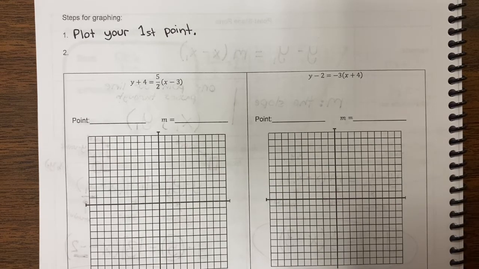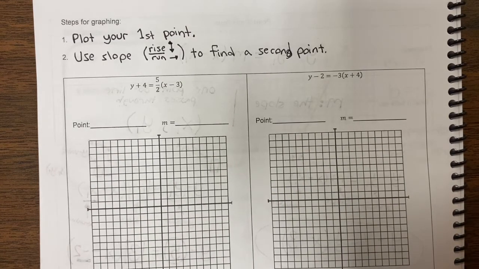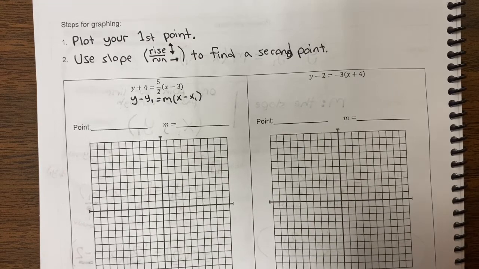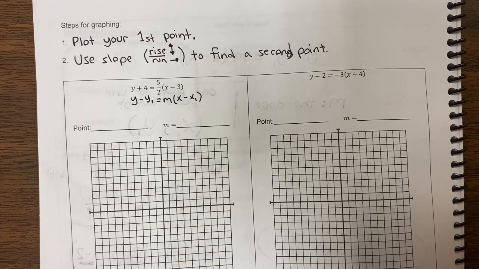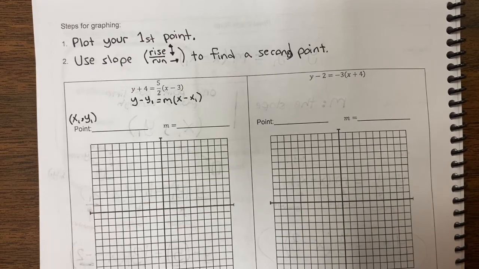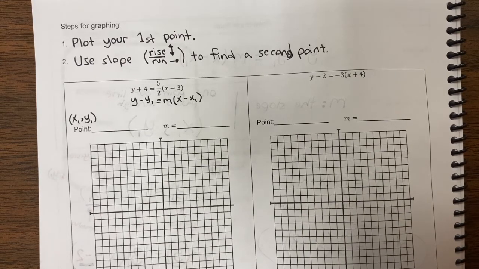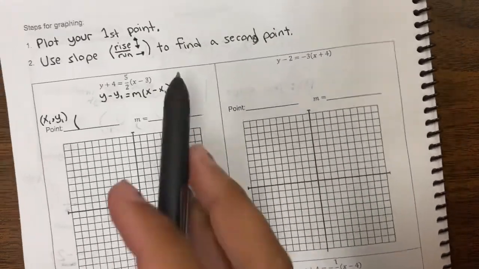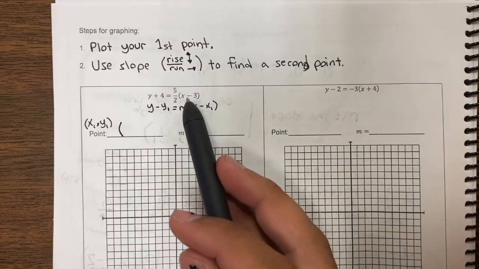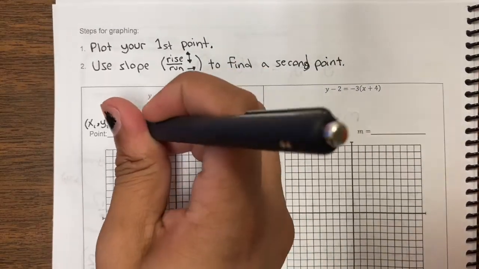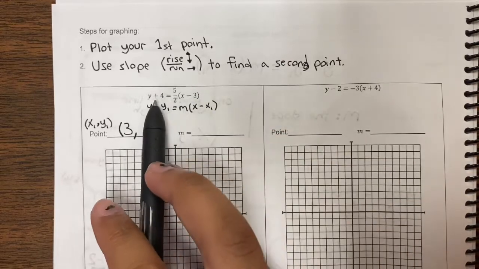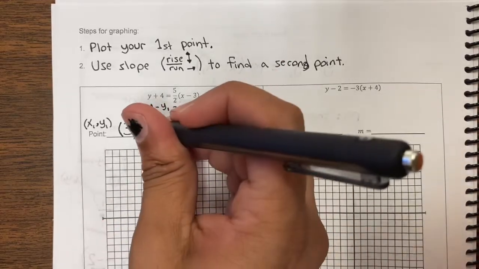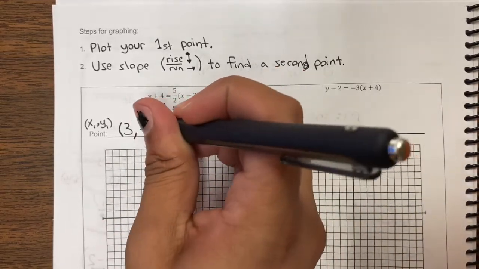Then we're going to use our slope, remember that's the rise over run, to find a second point and then graph it. So let's find our first point. Remember, that's our x1, y1. And that point for us is the opposite of subtracting 3, so positive 3, comma, the opposite of the positive sign is negative 4.